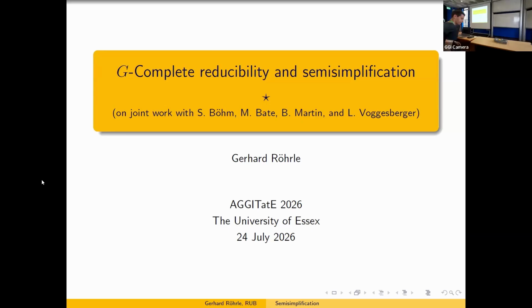Now I want to do something similar for an arbitrary field. I want to mimic that in a general setting. The application of all this will be the concept of semi-simplification. What is that? Well, we all know it from our representation theory course.